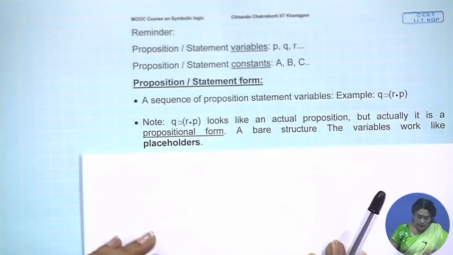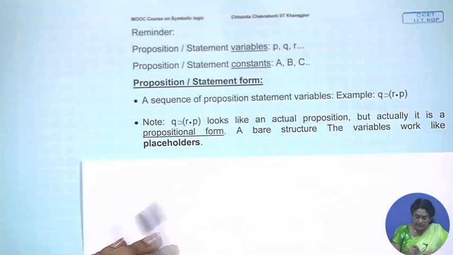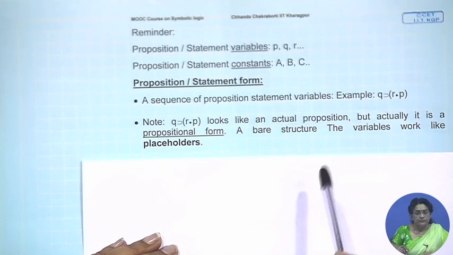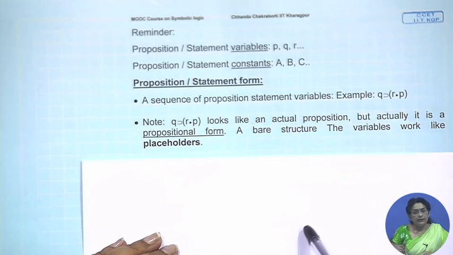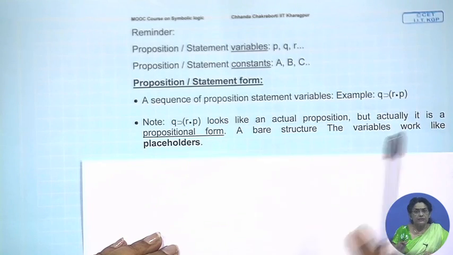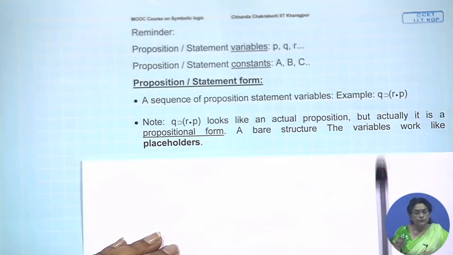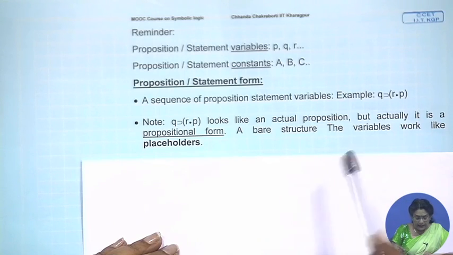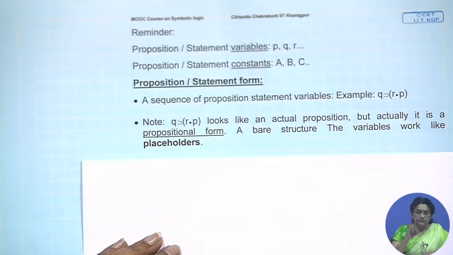Now, the point to note is that it may look to you like as if it is a real proposition, because we are using the real connectives. But please note that we are using these strange symbols q, small r, small p, and they are actually like holes. You know how people play with Play-Doh, or people do die casting and so on. So, what you have is a mold in which you pour some liquid and the liquid takes that shape, right.